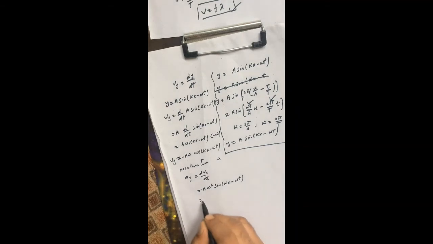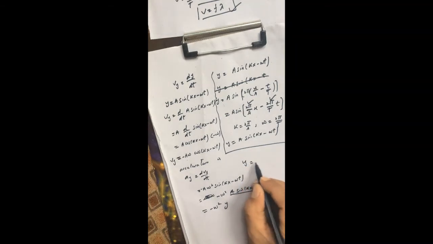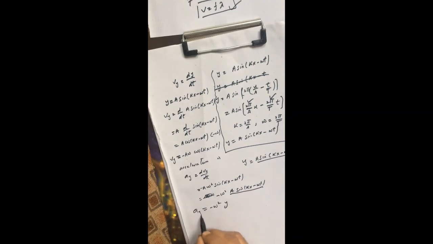That is minus omega square a into sine kx minus omega t. Now this factor is itself y, because we already mentioned that y is equal to a into sine kx minus omega t. So here I replace this by this y. This is the transverse component of acceleration of the particle.